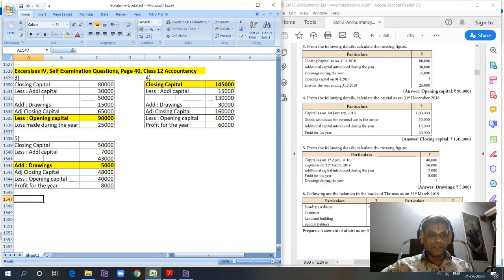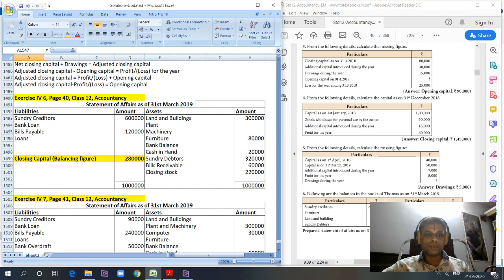Let's do the next one. For balances in the books of Thomas as on 31st March 2019, prepare a statement of affairs as on 31st March and calculate capital as at that date. So we have to prepare a statement of affairs.